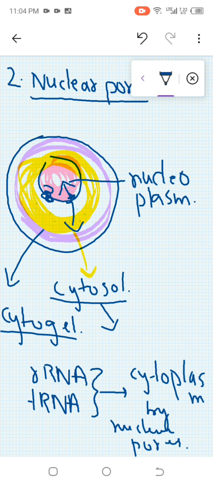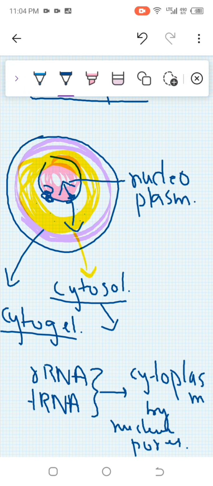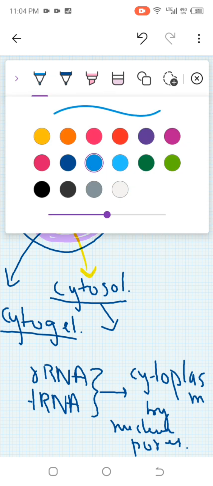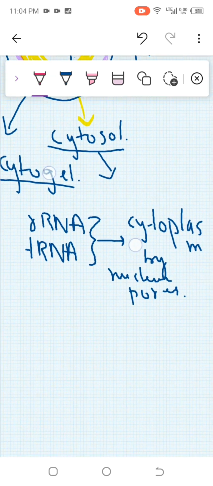Here both active and passive transport occur. Some material moves actively and some moves passively.